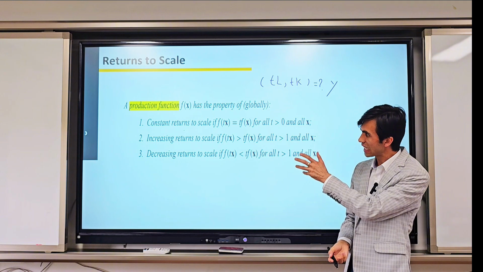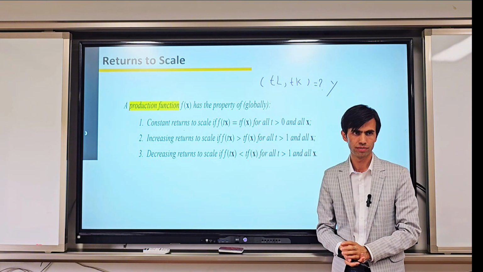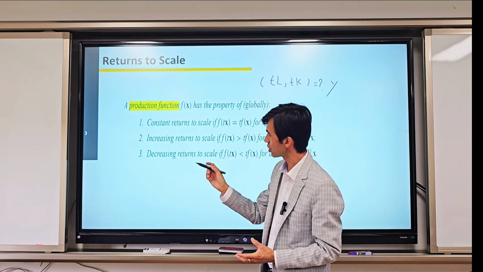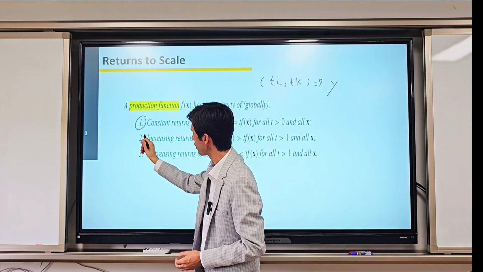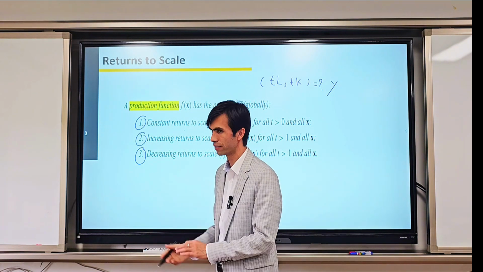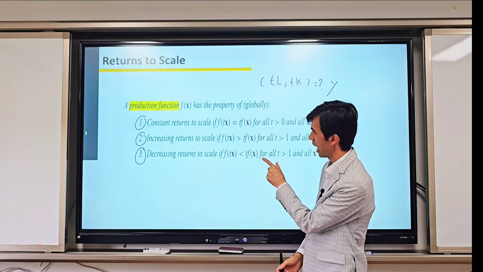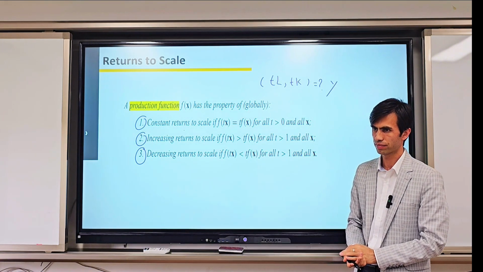There, three outcomes are possible. By having three different outcomes, we have three different returns to scale, which are constant return to scale, increasing return to scale, and decreasing return to scale.